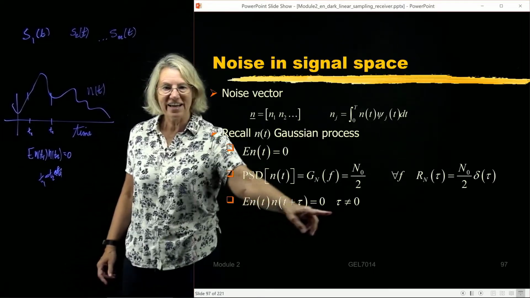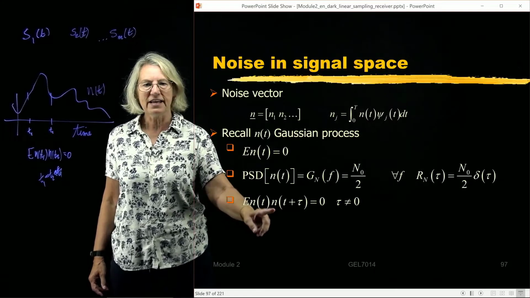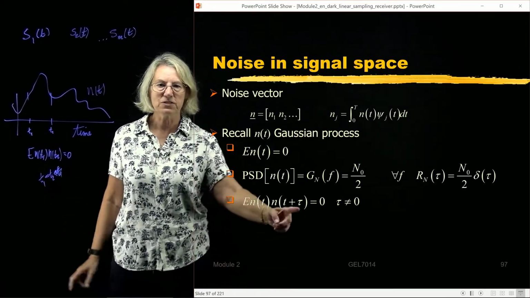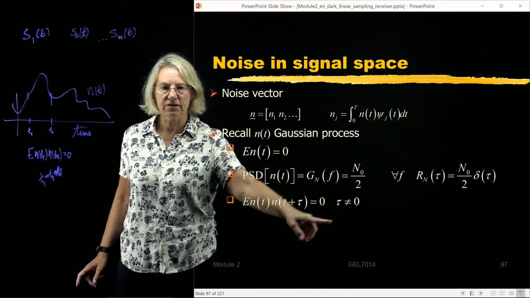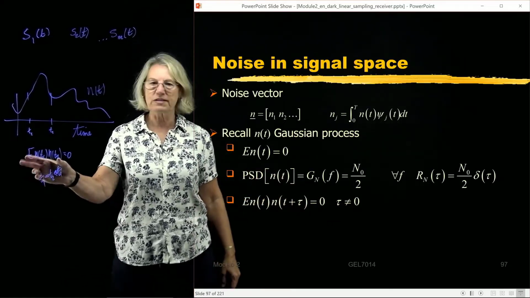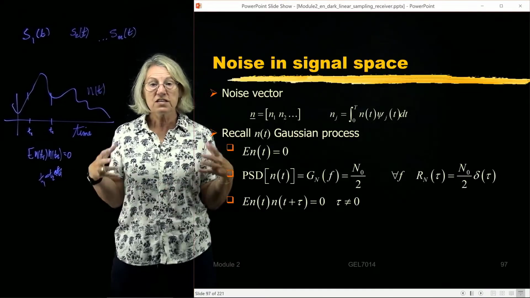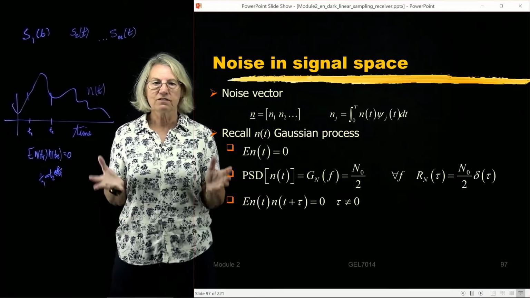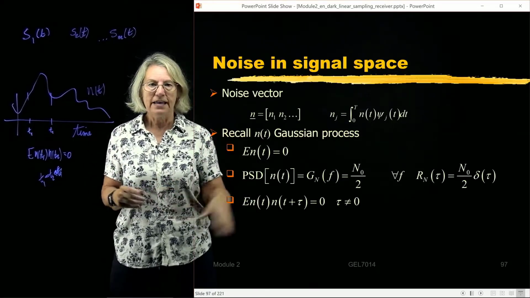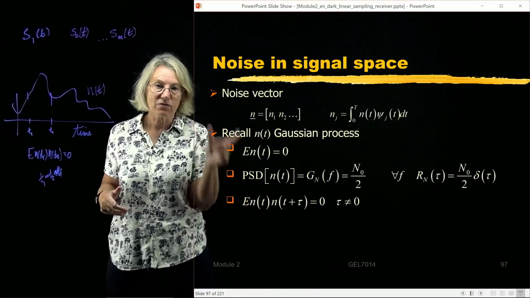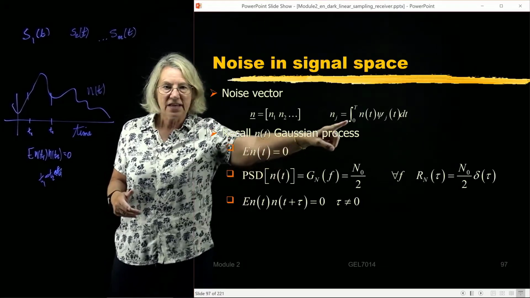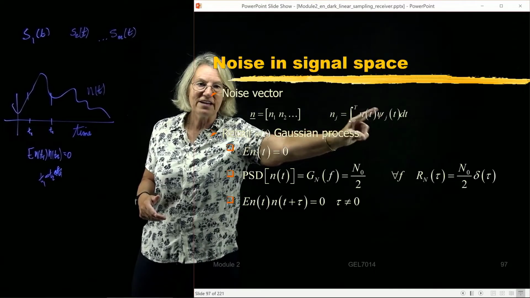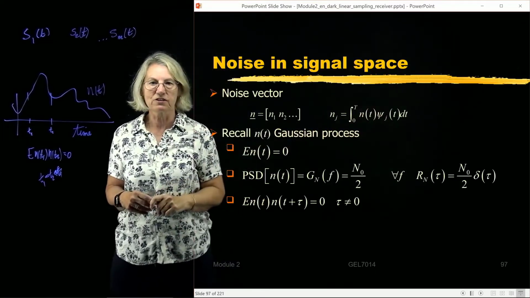And here I wrote it down again. The expected value of n(t) and n(t plus tau). So any time that they're not equal, that there's some difference between them, some tau not equal to 0, then the expected value of their product is 0. So this is a recap of what we know about the random process. And now what we're going to do is take these characteristics of the random process n(t) and see what that has to do with the integral of n(t) multiplied by a basis vector.